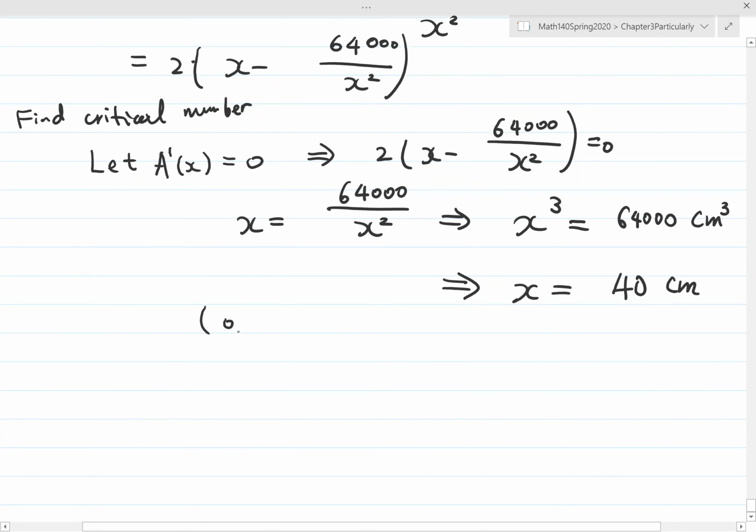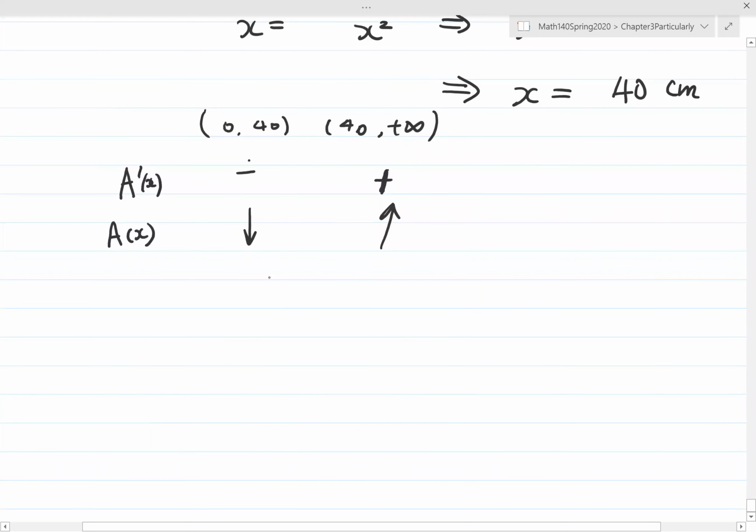From 0 to 40, and from 40 to positive infinity, the derivative is negative on the first interval and positive on the second. Then the area is decreasing, then increasing. So you have a local minimum.